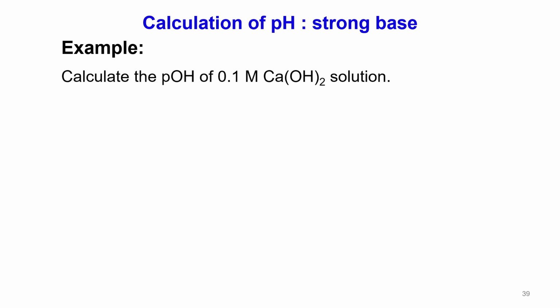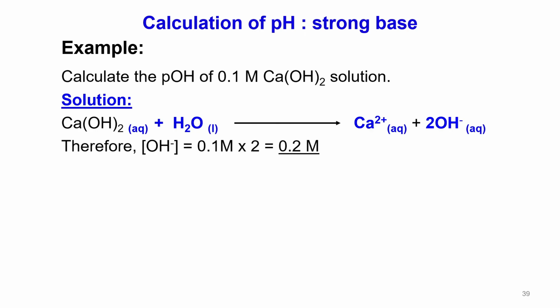Now we calculate the pH untuk strong base. For a strong base, Ca(OH)2 is given as 0.1 molar. When Ca(OH)2 dissociates, the concentration of OH minus is 0.1 times 2, which is 0.2 molar. Kenapa kita times 2? Because it produces 2 OH minus.